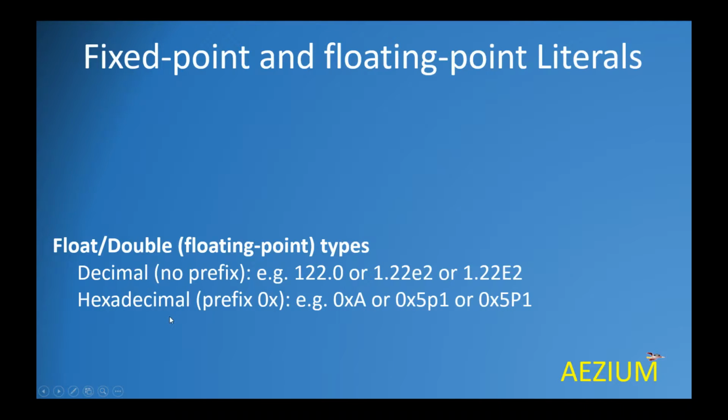Similarly, in the case of hexadecimal numbers, we use p instead of e to represent a power of 2. So for instance, the hexadecimal number A, which is the same as decimal 10, can be represented as hexadecimal 5p1, which is effectively hexadecimal 5 times 2 to the power 1.